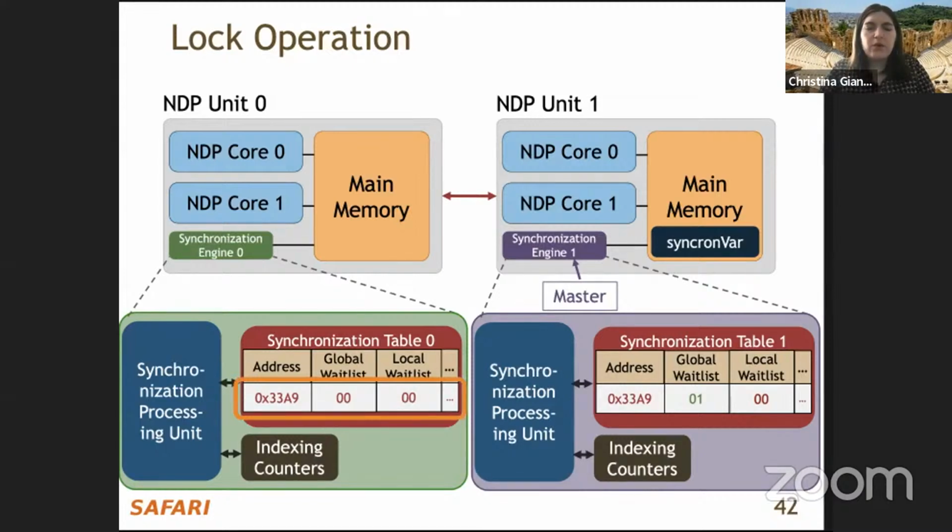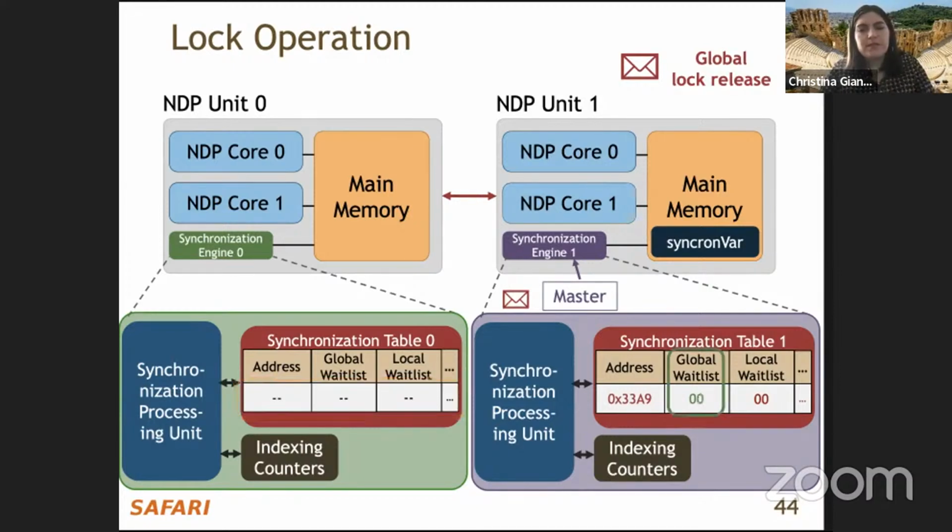When there are no other local requests from local NDP cores, meaning that the local waiting list is now empty, the synchronization engine releases the entry in the synchronization table and also releases the specific lock variable at a global level by sending a global lock release message to the master synchronization engine.